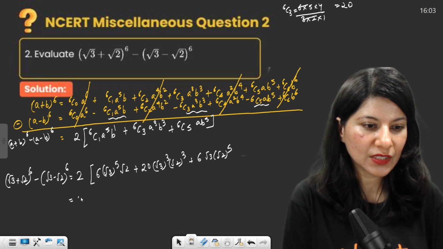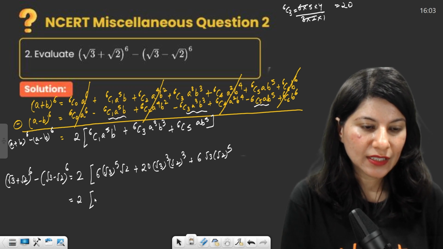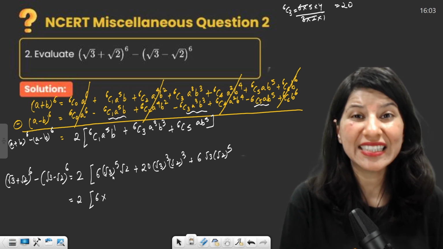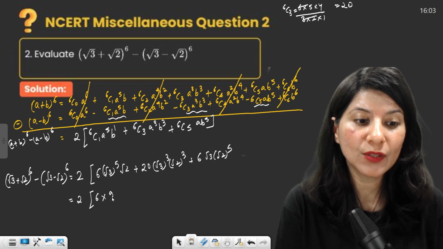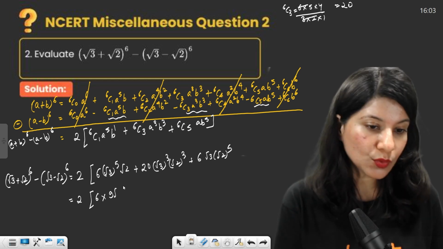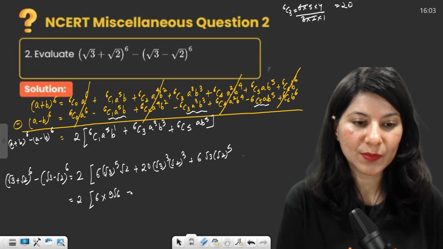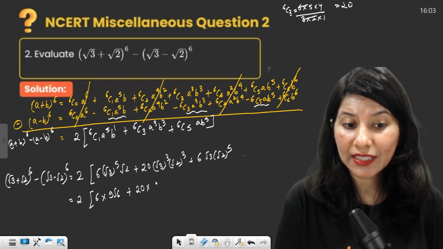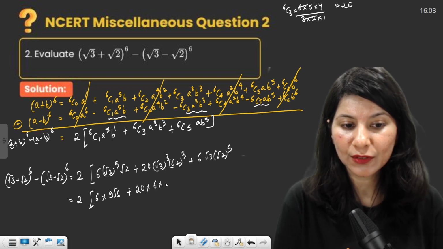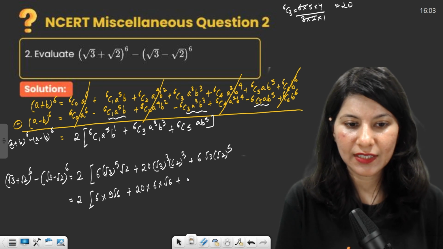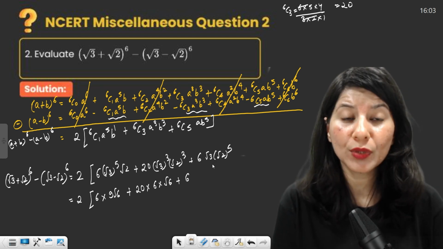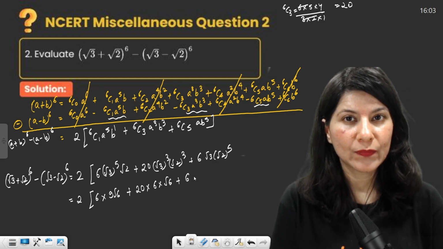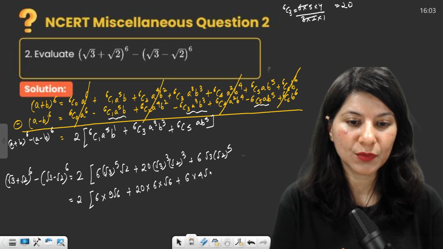Okay. 2 is already outside. So this is 6 into 3, root 3 raised to power 5 is 9 root 3. 9 root 3 into root 2 is 9 root 6, plus 20 into, now 3 into 2, that is root 6. Perfect. This is 6, 1 root 3 is there. Root 2 raised to power 4 is 2 squared, that is 4 into root 6.